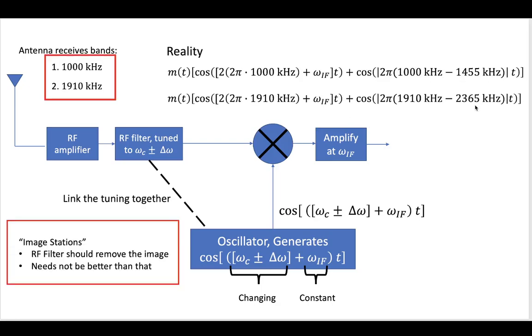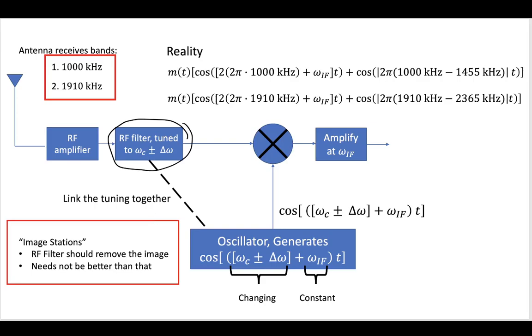So both of those channels are image stations, and so what your filter should do, this RF filter, as we mentioned, it need not be a very good filter, but it does need to be good enough that it can completely separate your two image stations. So the RF filter here, in practice, should be good enough to remove the image, but it doesn't need to be any better than that.